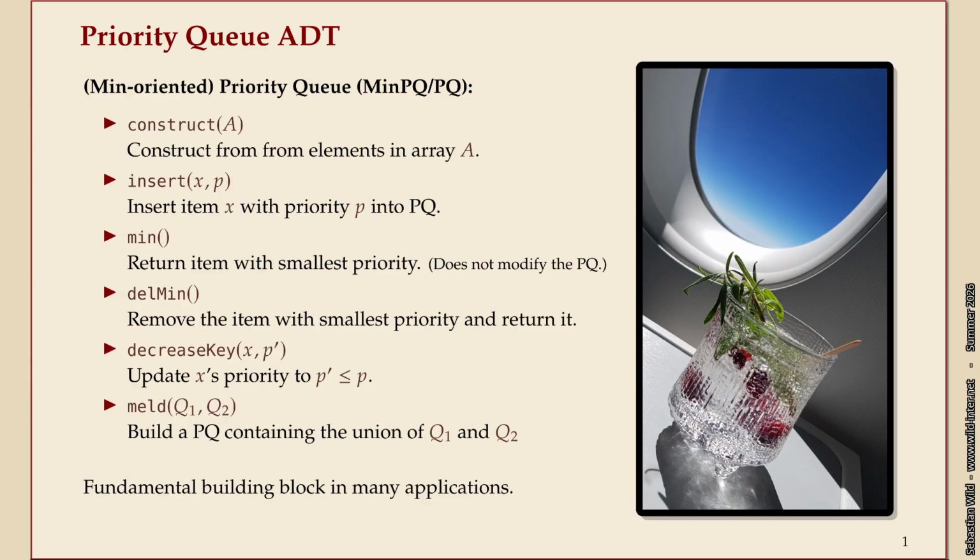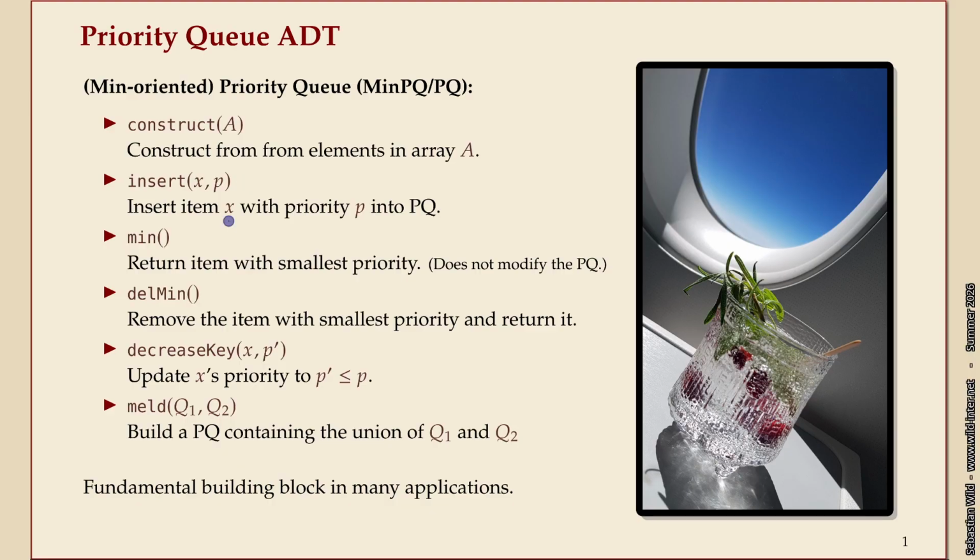Let me remind you what a priority queue is, just in case you forgot. Everything here will be min-oriented. So I have an operation for removing the minimum, and that's the only kind of destructive operation or query operation that I have. I can only find the element with the smallest priority that was at some point inserted.